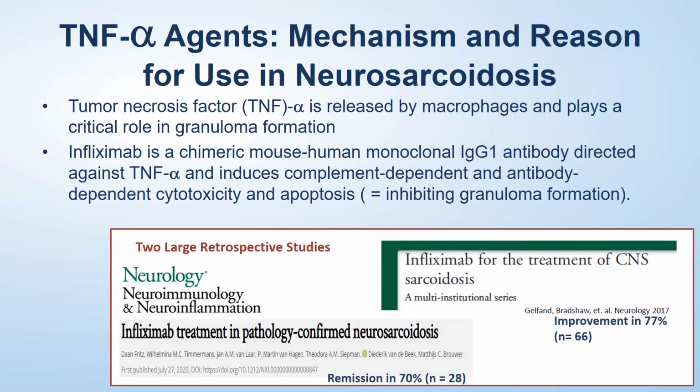These are two of those studies, where they saw 70% remission of neurosarcoid in a group of 28 patients, and another multi-institutional study that showed improvement in 77% of patients, out of a group of 66 patients.